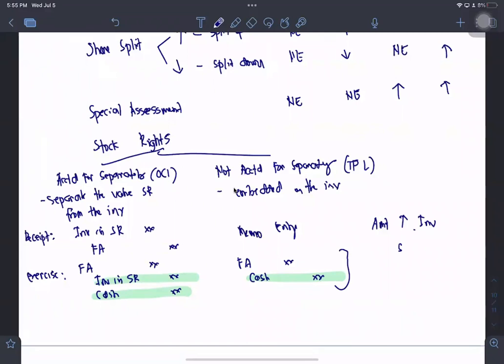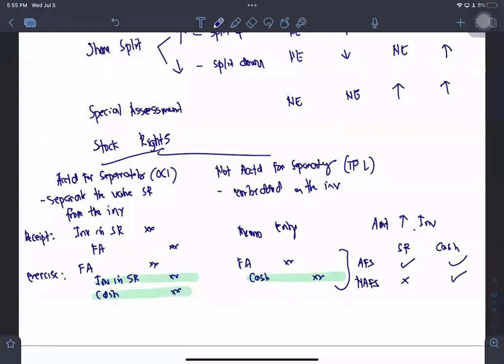For accounted for separately, the total amount of your investment or increase in investment is based on your stock rights and your cash, while for not accounted for separately, only your cash, you will not add any stock rights. Why? Because the stock rights are considered embedded.